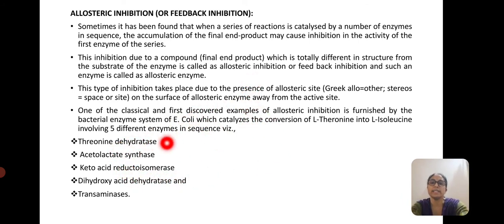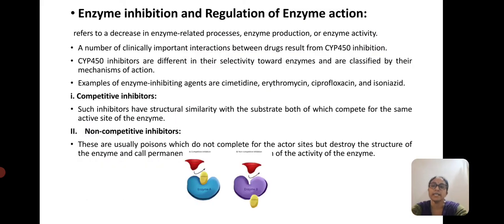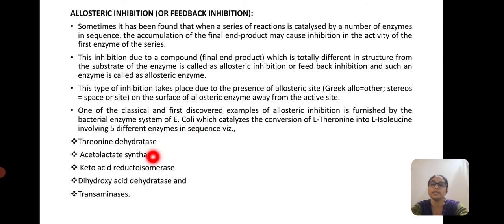A very familiar example is the conversion of L-threonine into isoleucine, which takes place in Escherichia coli, where we can see the first enzyme, threonine dehydratase, is totally attacked by the converted product, that is isoleucine, the final product. Isoleucine will come and bind to the threonine dehydratase till the isoleucine gets exhausted in the system.